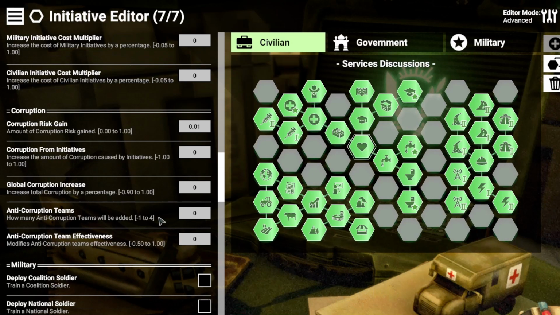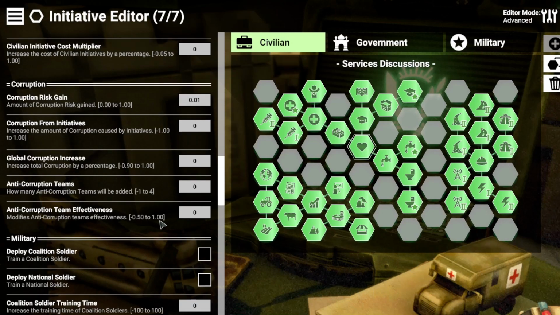Purchase uses a global corruption increase of negative 20% or negative 0.2. Anti-corruption teams, self-explanatory, modifies the amount of anti-corruption teams you have, needs effectiveness for it to work. Anti-corruption team effectiveness, default of 0.005, values of 0.5 and greater are overpowered.